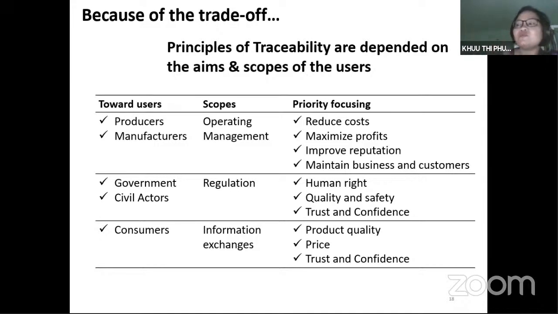Okay, they will focus on the price, and they will consider the confidence of the information they can accept. So that's why they need it, and the scope of the traceability system in this case is to exchange information. That is the main principle of traceability, the first part.